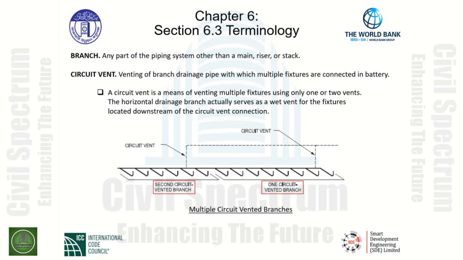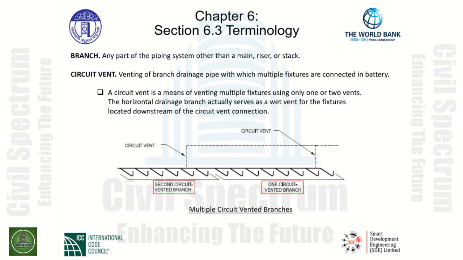The term branch is defined as any part of the piping system other than a main, riser, or stack. So anytime we see the term branch within Chapter 6, we need to think of the definition giving us the specific meaning of that term. A circuit vent is the venting of branch piping with which multiple fixtures are connected in a battery.